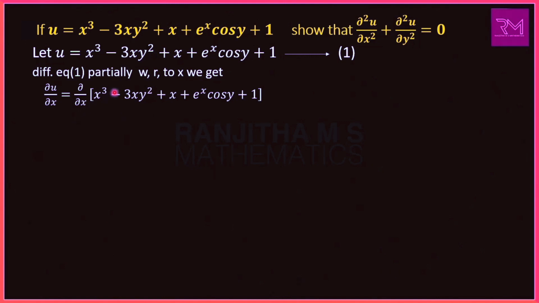Hence the differentiation of x cube is 3x square, minus 3 into y square, constant, taken as it is, into differentiation of x, which is 1, plus cos y is constant, taken as it is, into differentiation of e power x, which is again e power x, plus the differentiation of 1 is 0, so no need to take that value. Hence we get del u by del x value as this.